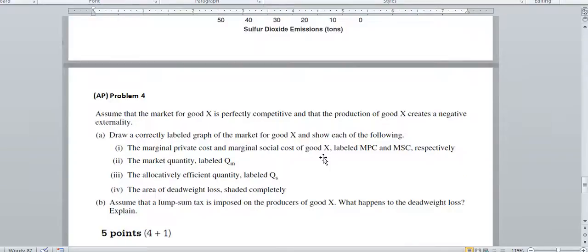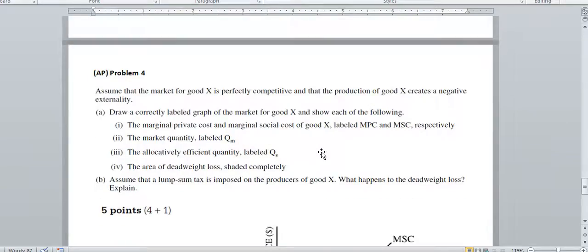So what they're asking you to do is draw a graph of a good in a perfectly competitive market that creates a negative externality. It doesn't say anything at all in the problem about how to draw this graph.